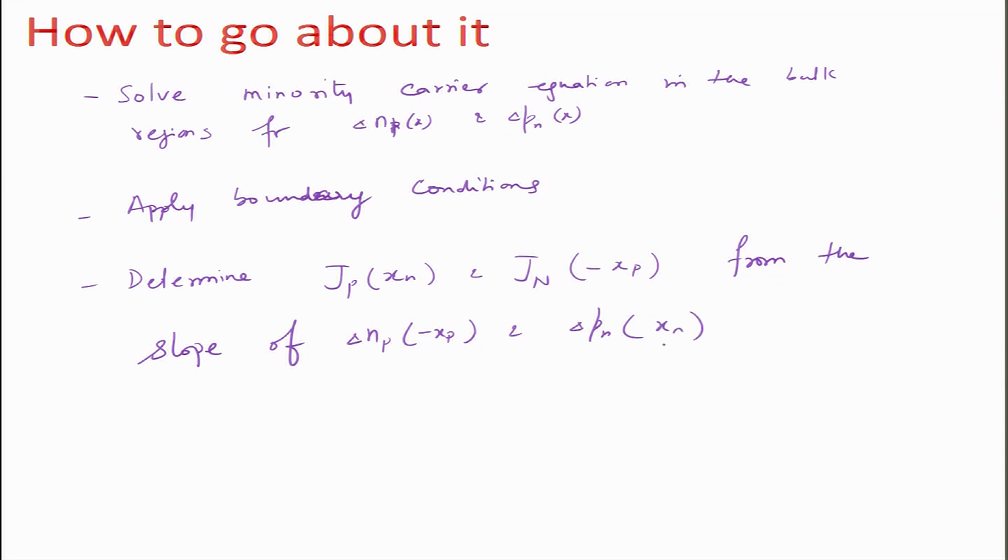That is what we are going to do, and we know that the total current J is equal to Jp at Wn plus Jn at minus Wp. Let us first do the analysis.